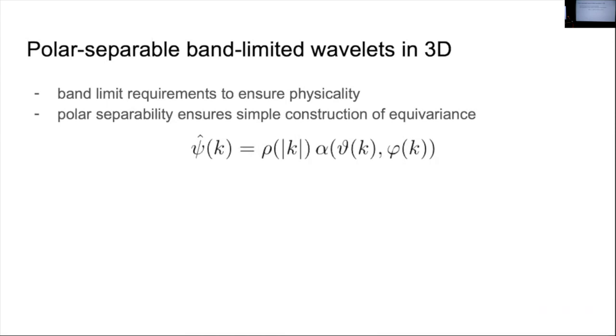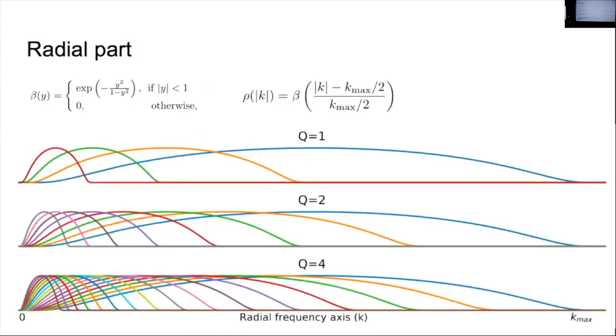So let's look at the possible radial component first. For the radial component, I'm just going to use that same function that was shown above, which is a little bump that is very differentiable, and it goes to 0 at 0, and it'll just select a part of frequency space.